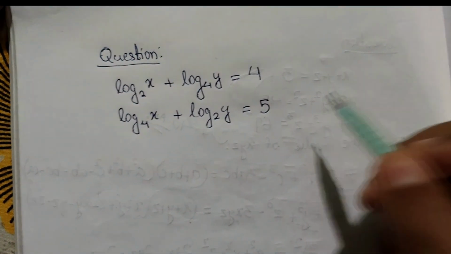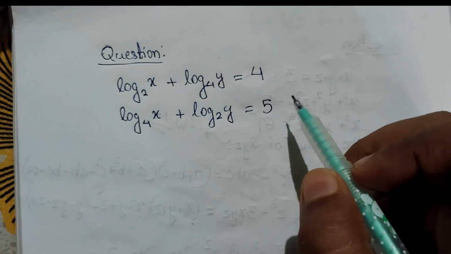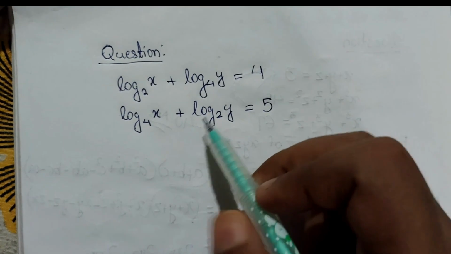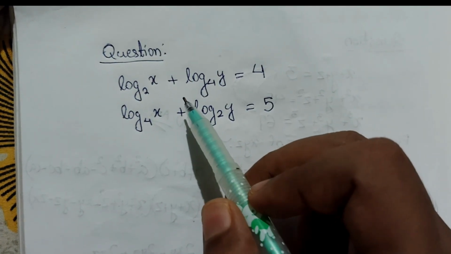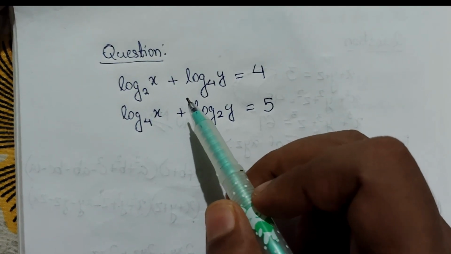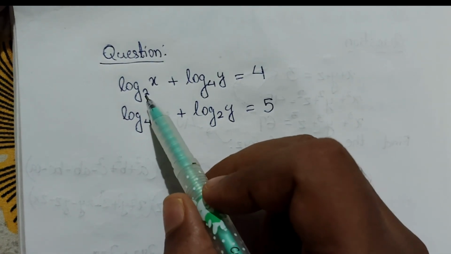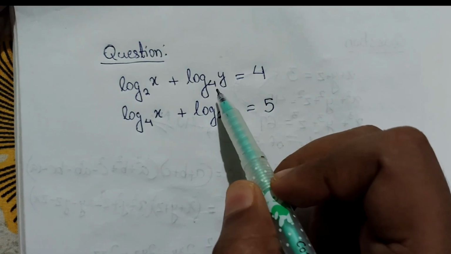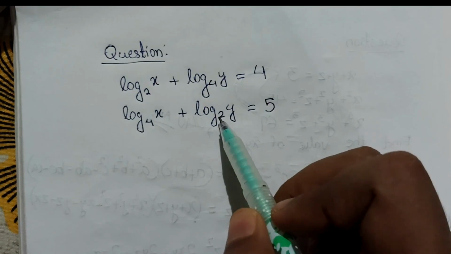So when we have a question like this, we have to try to convert it into an algebraic equation. So we have to convert this log term into an algebra term. In order to do that, we look at the bases here. So we have 2 as a base, and here we have 4 as a base. Here we have 4 as a base, and here we have 2 as a base.